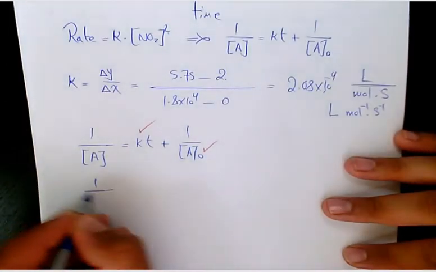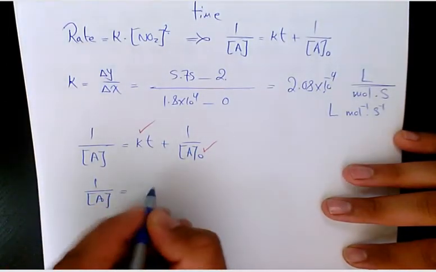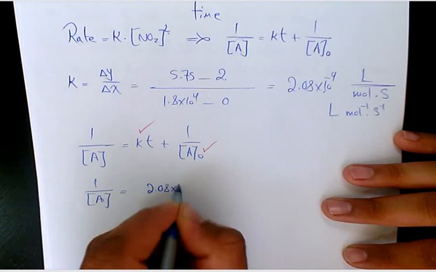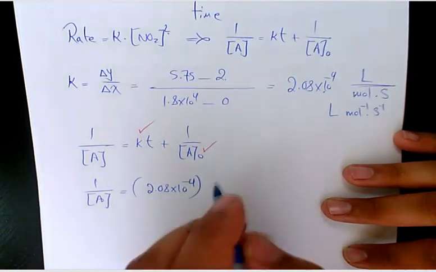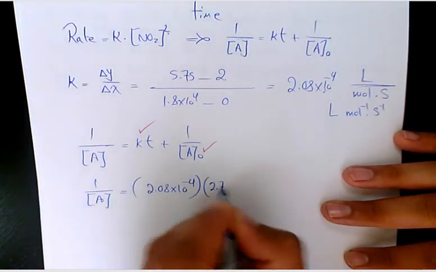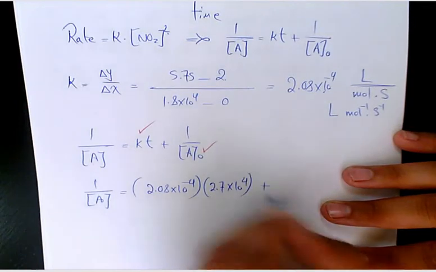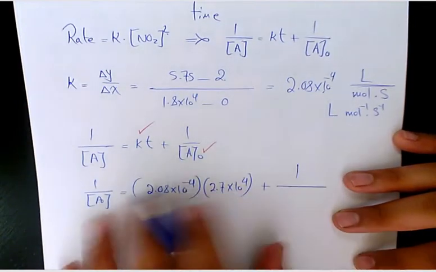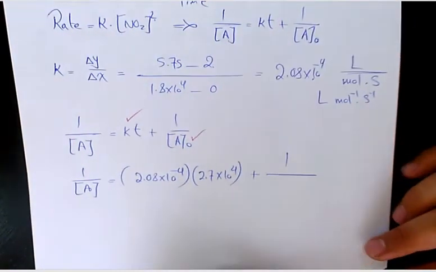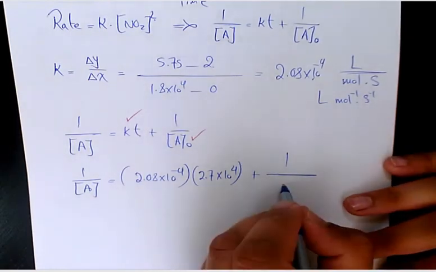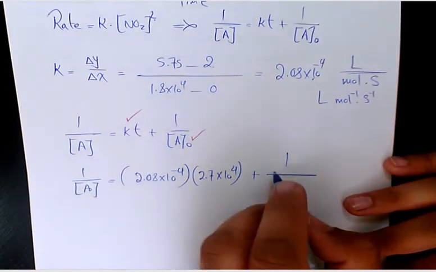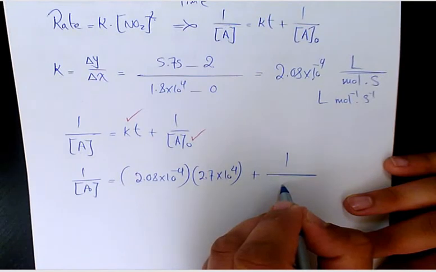So 1 over A equals K, which is 2.08 times 10 to the power of negative 4, times time, 2.7 times 10 to the power of 4, plus 1 over A naught. A naught is the initial concentration, which is 0.5.